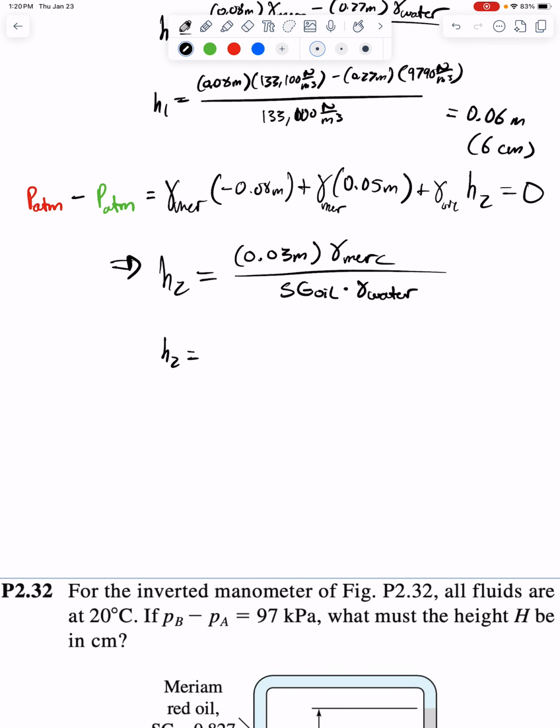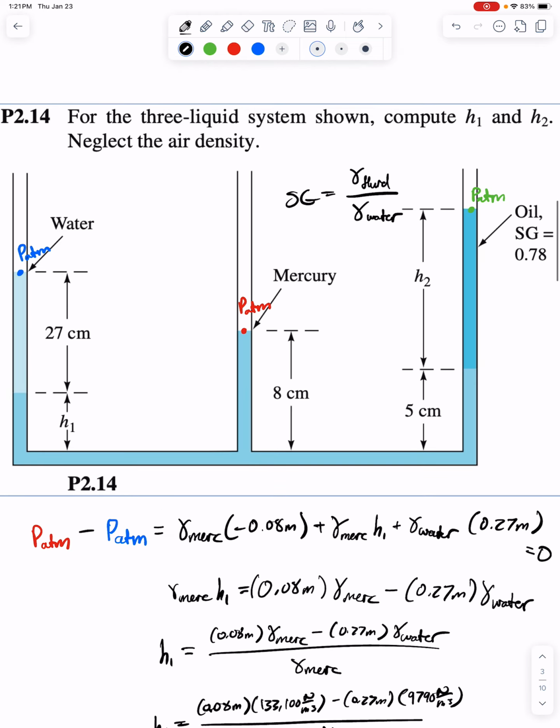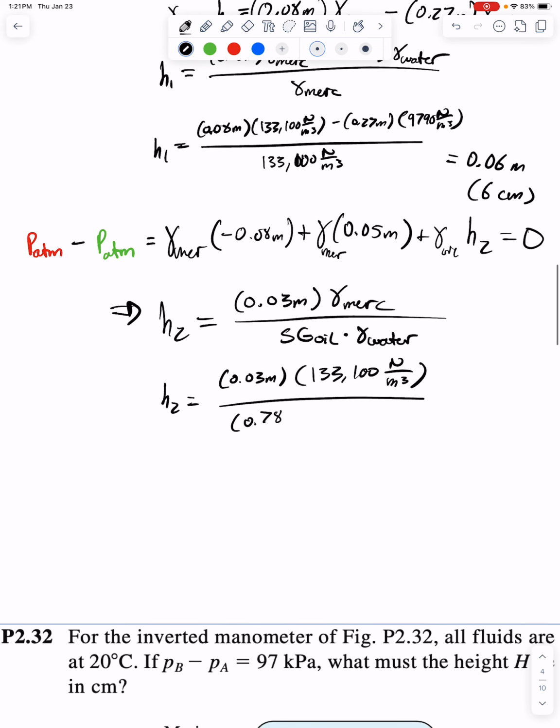So when I plug it in, H2 is 0.03 meters multiplied by 100 newtons per cubic meter divided by 0.78 times 9,790 newtons per cubic meter.